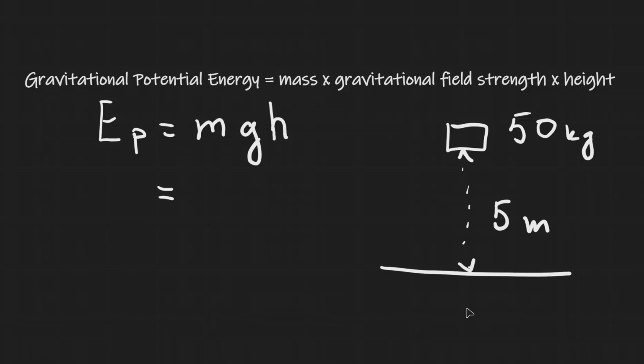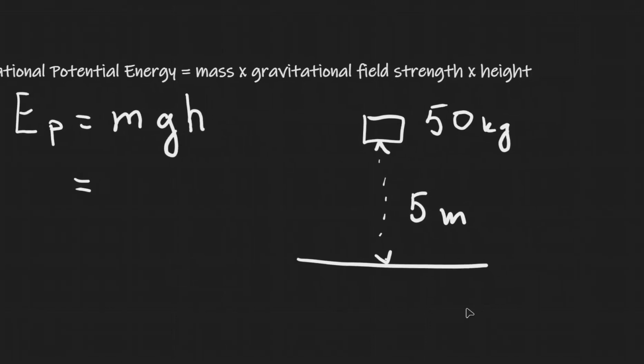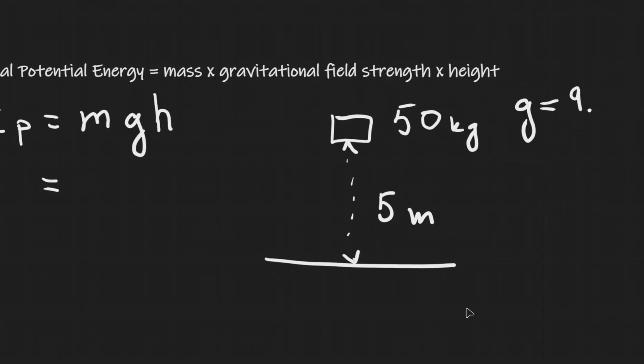Okay, well, all we need to do is multiply those numbers. The value of g, by the way, will always be given in a question, and depending on the exam board and depending on the question, we typically write that g is equal to 9.81 newtons per kilogram. You may be given the value of 10 to approximate things better as well.